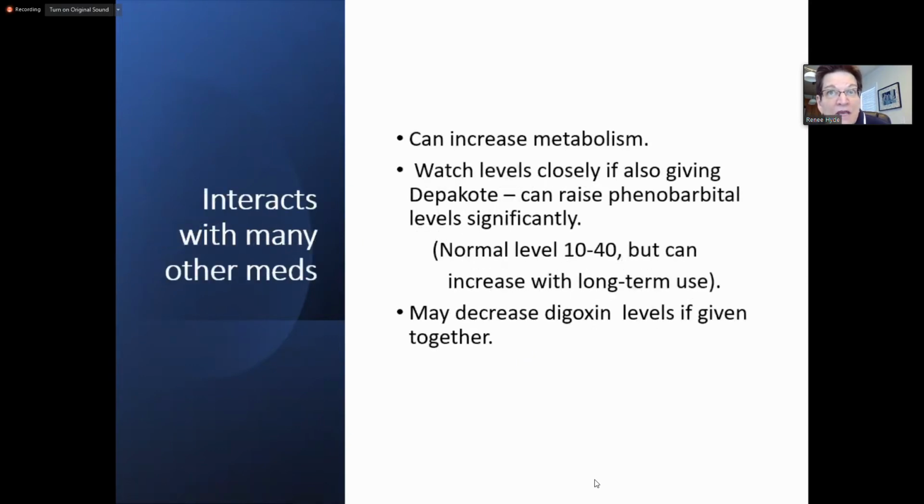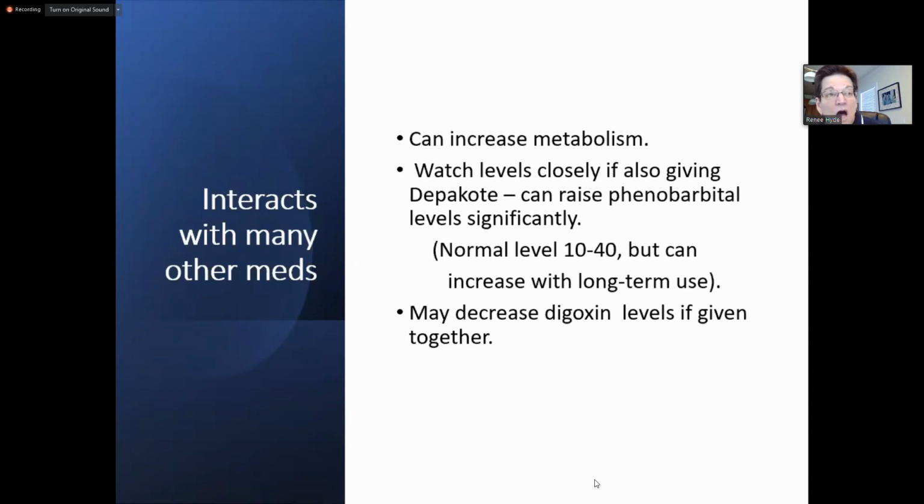It can interact with many other medications and cause increased metabolism of the other meds. You need to watch levels closely if it's being given with Depakote, because it can raise those phenobarb levels significantly.